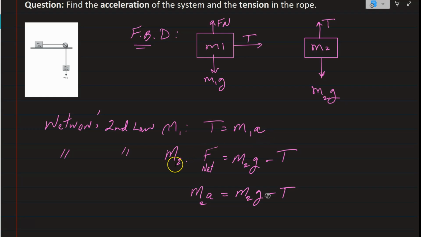For the second mass, the net force is M2G minus the tension because it's pulling it down, but at the same time is being pulled back by a certain amount of tension. So the net force is M2A, which equals M2G minus the tension.